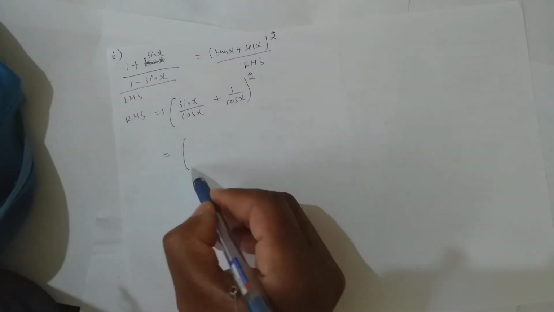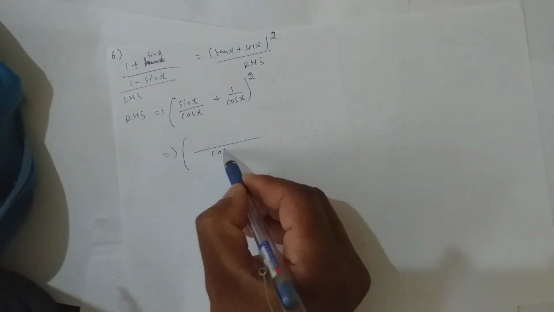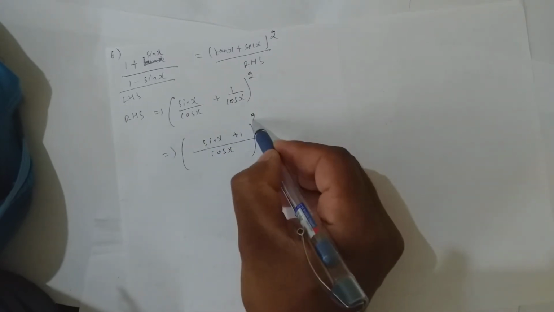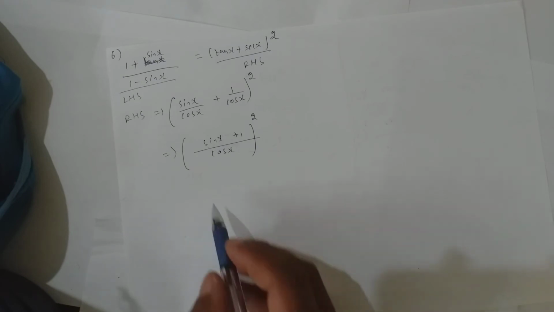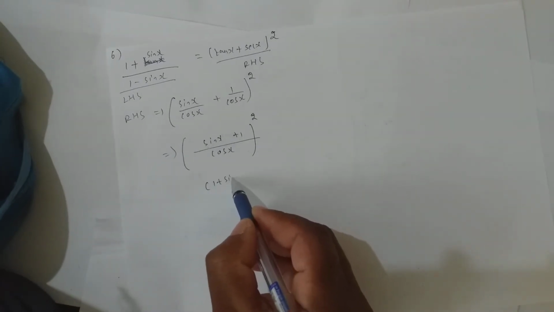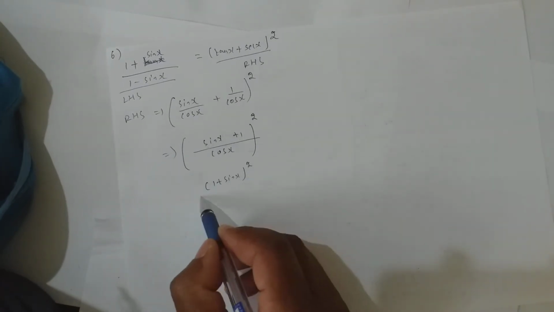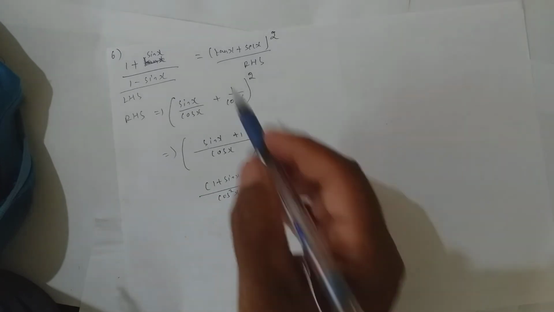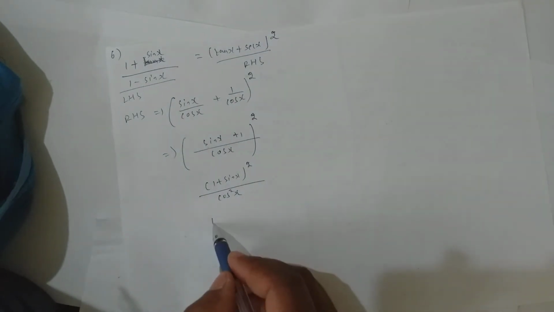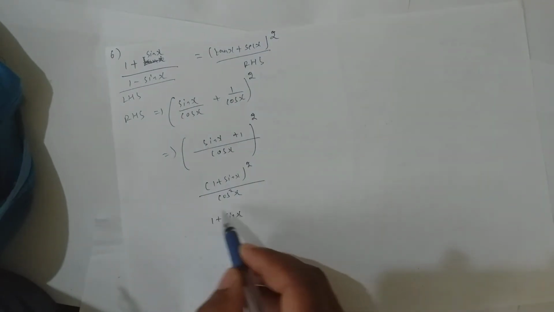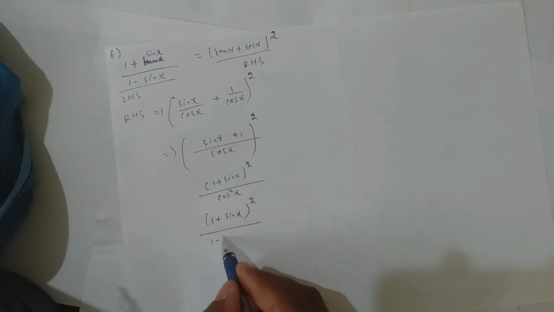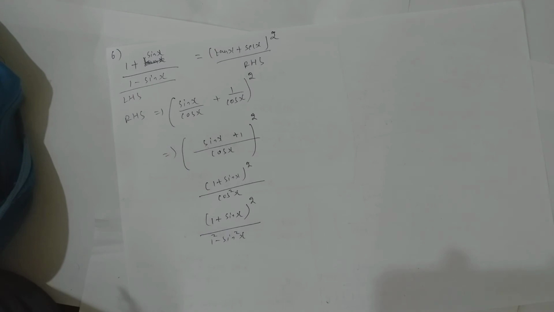Clear? So what is the LCM? Cos x. Both the denominators are same, so I write as it is. Next, square gets applied to each of it. So 1 plus sin x whole square by cos square x. Looking at what I need to prove, accordingly I change cos square x. Cos square x can be written as 1 minus sin square x. So now it is of the form a square minus b square.